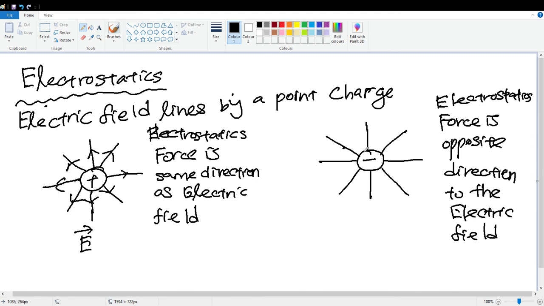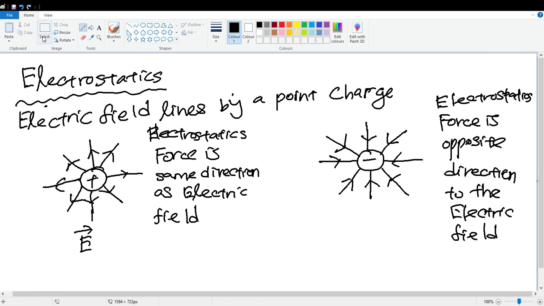Since the electric field lines always oppose the electrostatic force of the negative charge, I can conclude that the electric field lines for the negative charge are pointing inwards. This is inwards, inwards, inwards, and finally inwards. So this is how we determine the electric field lines for both positive charge and negative charge.